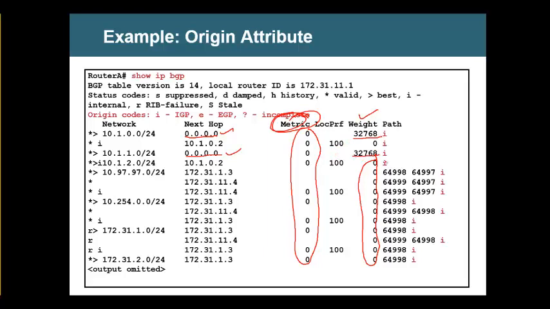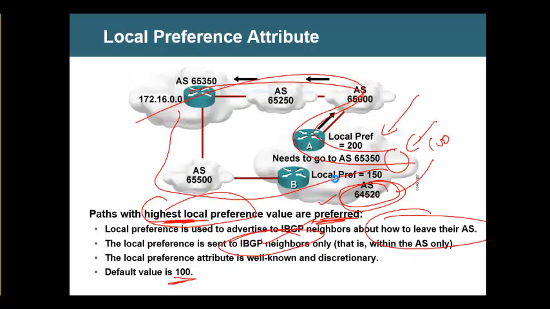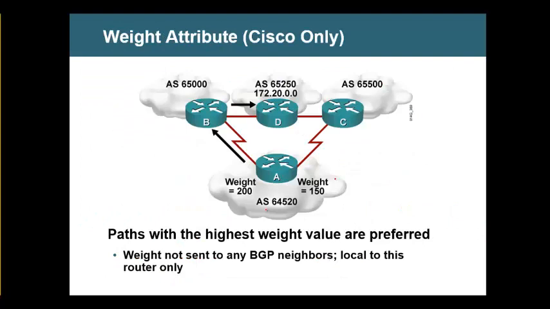We are not going to set that. For the other networks, we can set it. Right now it is 0, I can set it to 10 or 20 or 200. But for those that are locally originated, not learned from some router but advertised from this router, they get the highest weight, so it won't go anywhere else, it will use the local. Paths with the highest weight values are preferred.